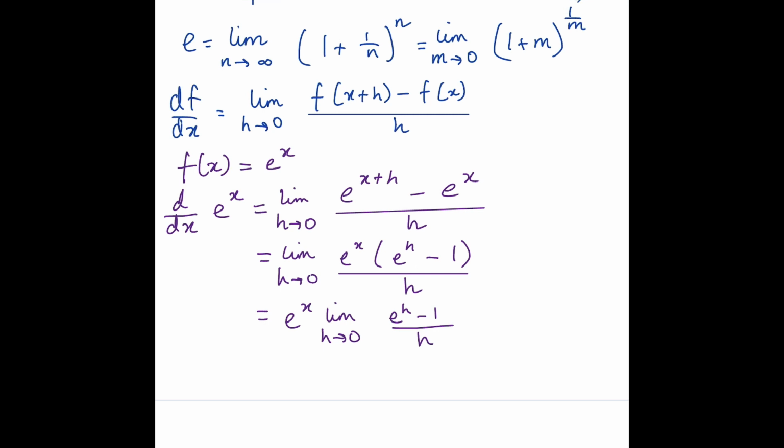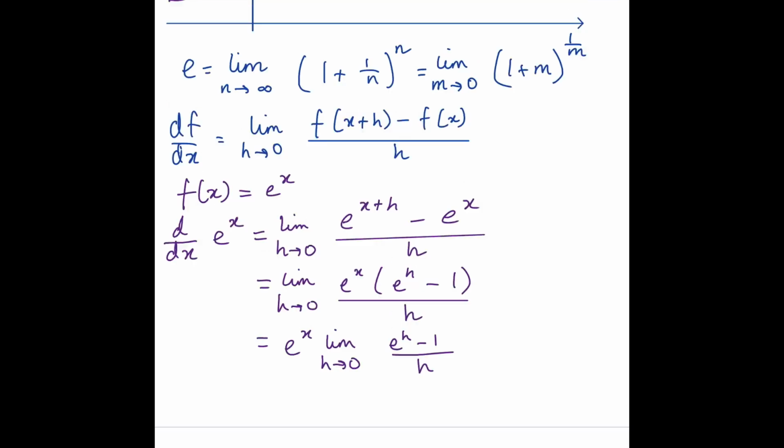So, why don't we get a substitution here? How about letting p equal the numerator? So that's going to be e to the h minus 1.